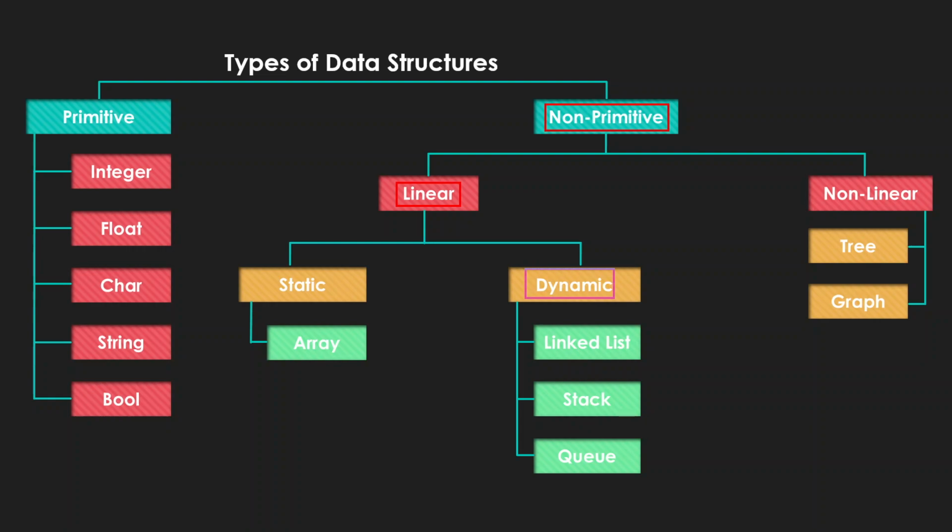Arrays, we say, are static because you cannot increase the size of an array at runtime. But for linked lists, as you are going to see, you can create nodes even at runtime, and they're just going to be allocated different memory locations as you go on. So just remember that a linked list is a non-primitive type, it's linear and it's dynamic.